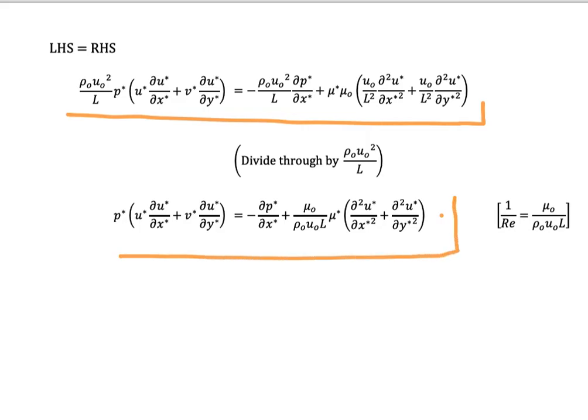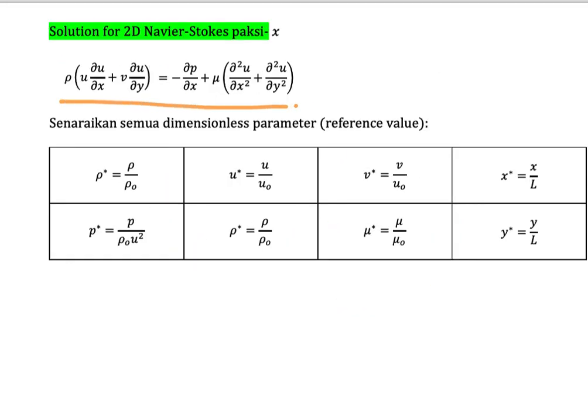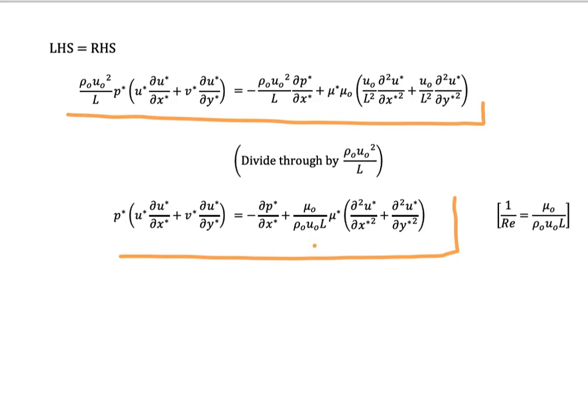If we compare with the original 2D Navier-Stokes equation for the x-axis here, we found that there is only one extra parameter occurring in this one. We have mu naught over rho naught, u naught and L. This parameter actually reflects the Reynolds number.